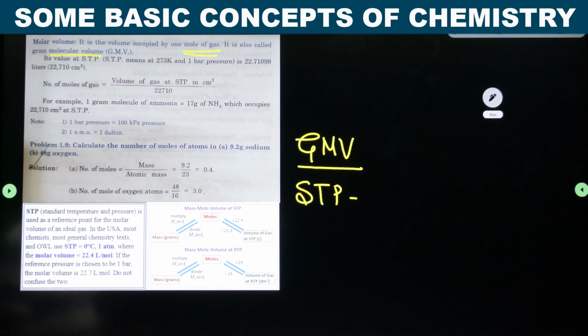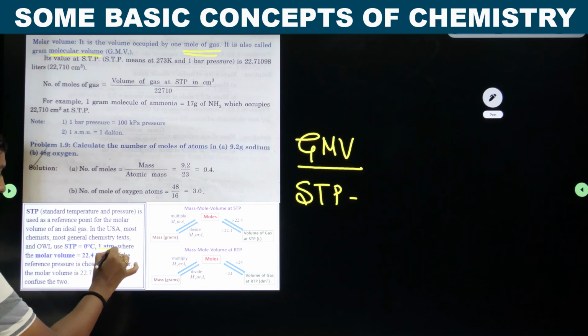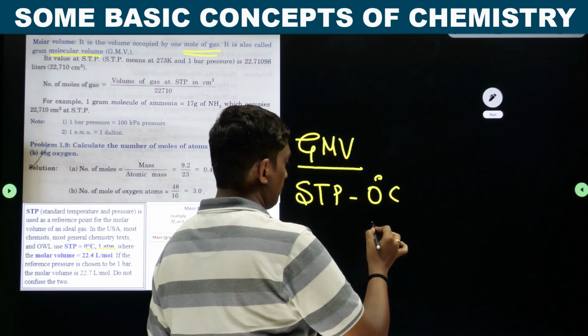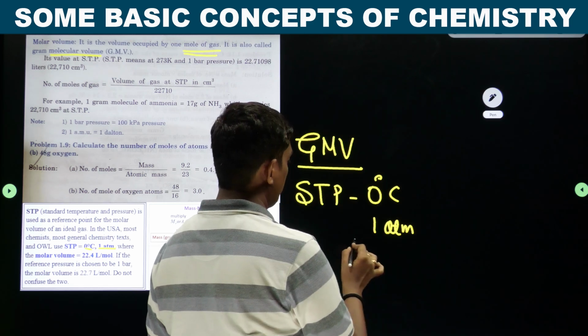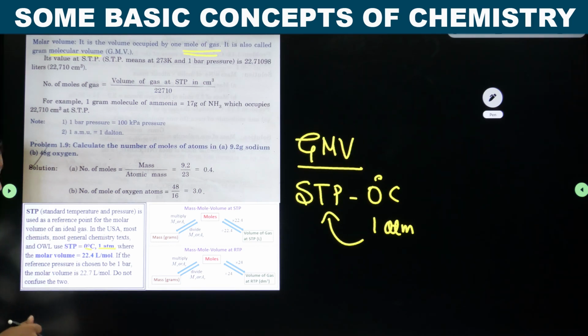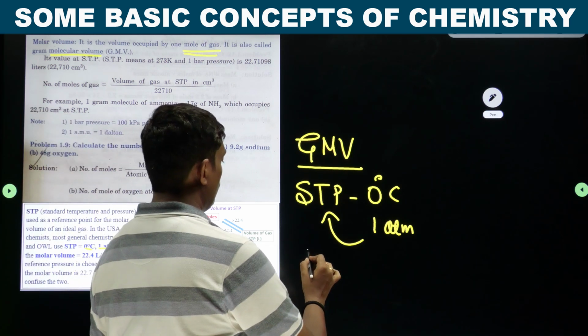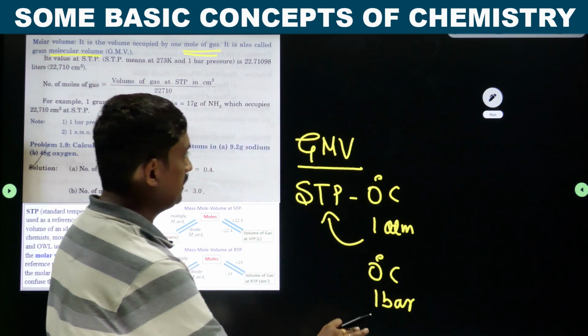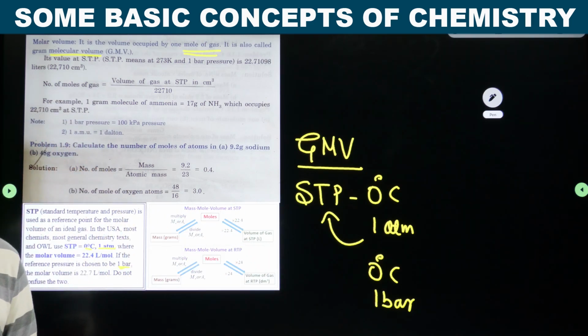Standard temperature and pressure means the pressure is 1 atmosphere and the temperature is 0 degrees Celsius. In certain cases, instead of 1 atmosphere, it may be taken in terms of bar. So the temperature is the same, 0 degrees Celsius, but pressure is 1 bar. This condition is also considered standard temperature and pressure.